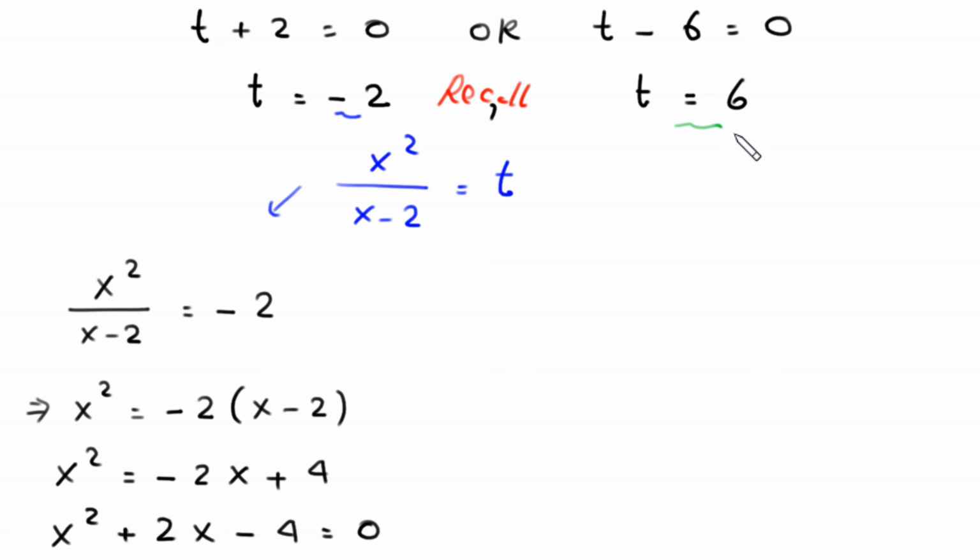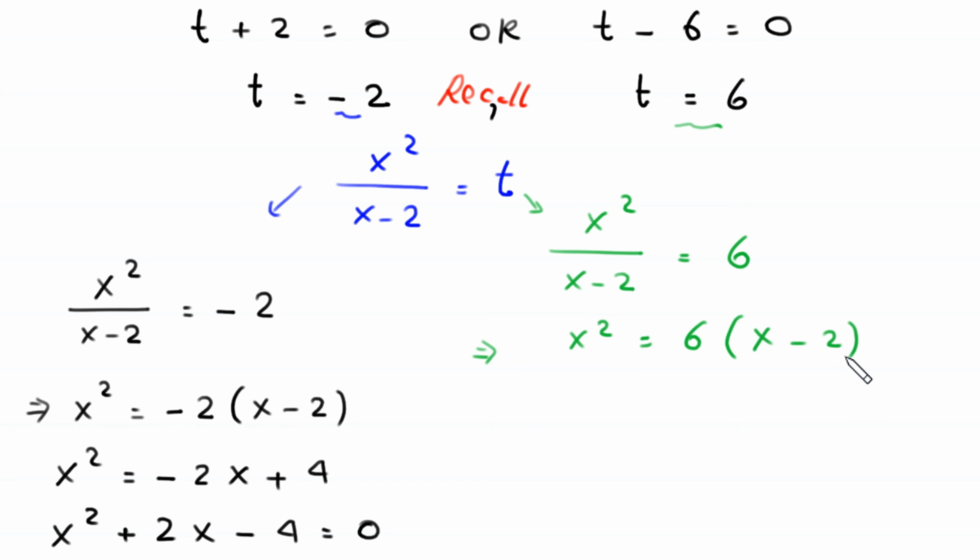When t is equal to 6, then this will become x squared divided by x minus 2 equal to 6. If we multiply both sides by x minus 2, this implies that x squared is equal to 6 times x minus 2.